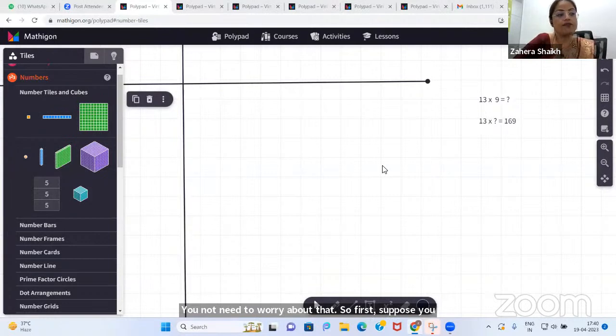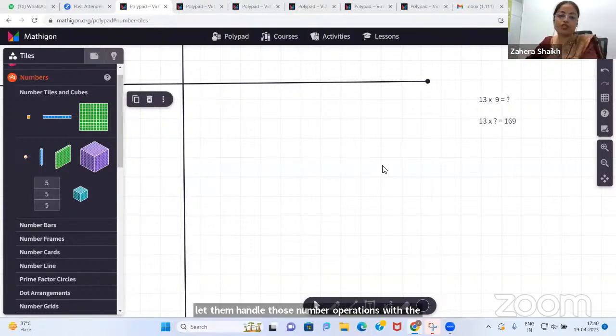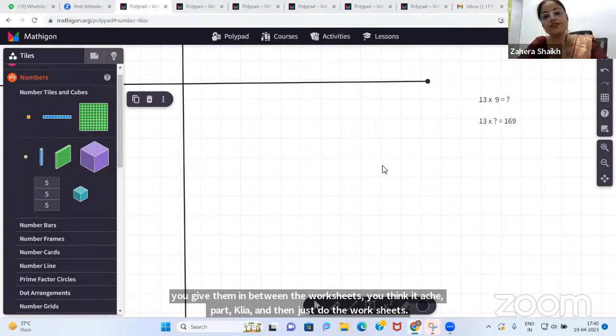If I'm going to have multiplication in my grade 2 classroom, and it has 5 to 6 concepts to talk about, take one concept at a time, and let them handle those number operations with the manipulative first and represent using pictures. And when they're comfortable, then give them the worksheets. Don't do one part and then just do the worksheets. No. Let them understand the concept properly and then introduce the worksheets.